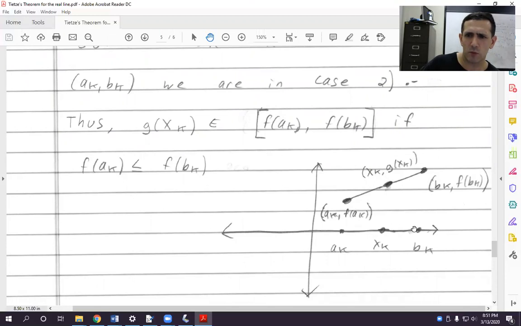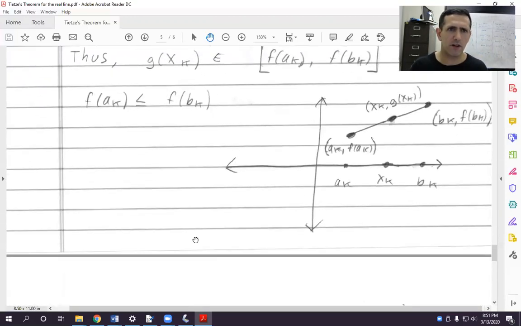So xk is somewhere here. G is this line segment. So this is where g of xk is going to be. Okay. And it is possible that f of ak is equal to f of bk, in which case it's just a flat line. So that's why it could be equal to one of these. But certainly between f of ak and f of bk.